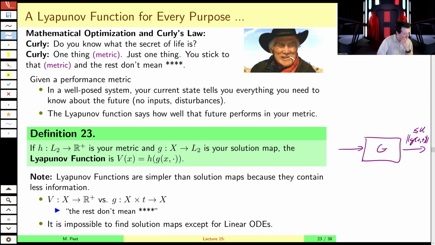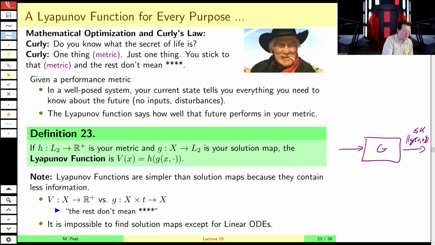So in particular, if the system satisfies this property, how do we prove this with the Lyapunov function? Well, we can just define our Lyapunov function to be the property that we want to examine.